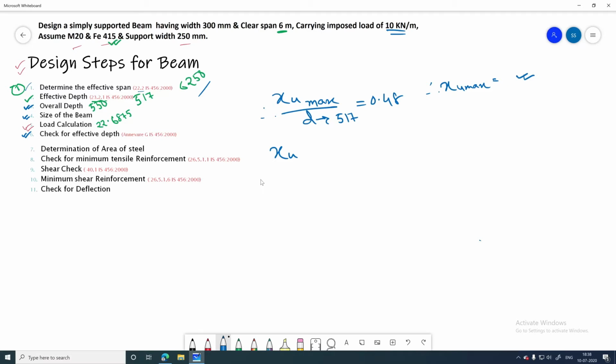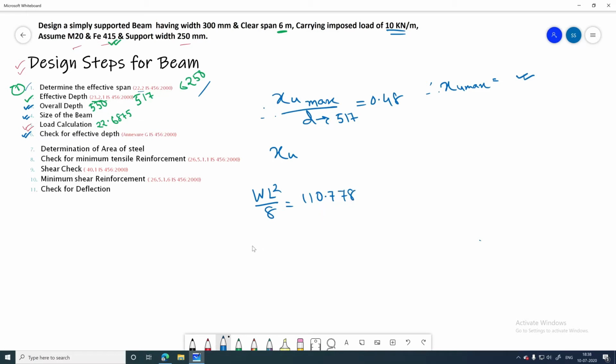Very simple. You know the moment which is coming, that I have removed, that is near about WL square by 8, and that is around 110.778, right?